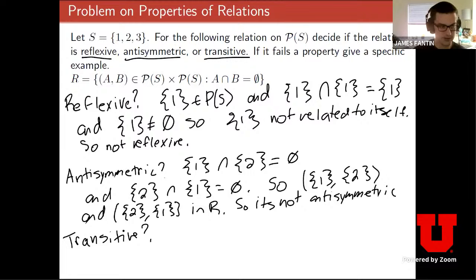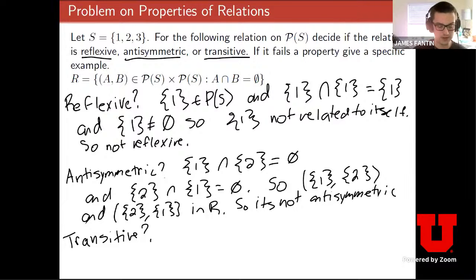Anyone else think it's transitive or not transitive? Yeah, so it looks like just the one, not transitive. So yes, it is correct. It is not transitive. But let's figure out the counterexample as to why.